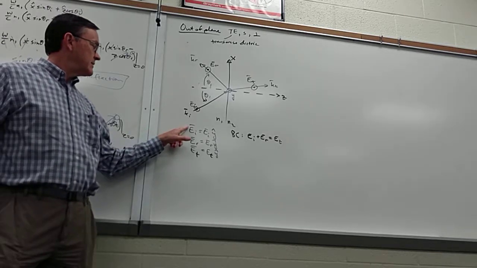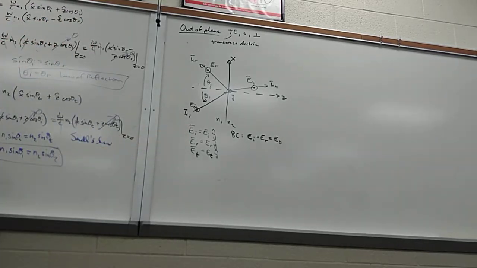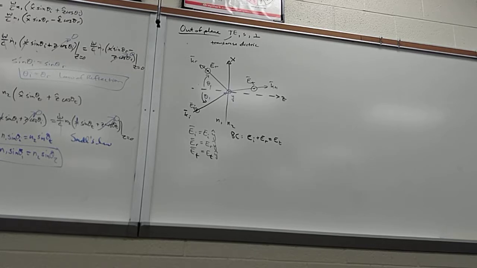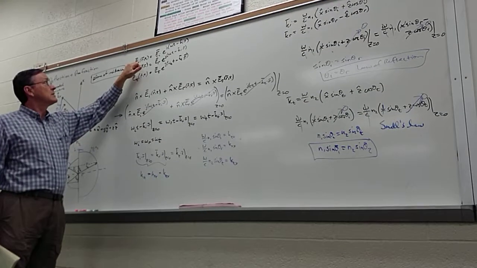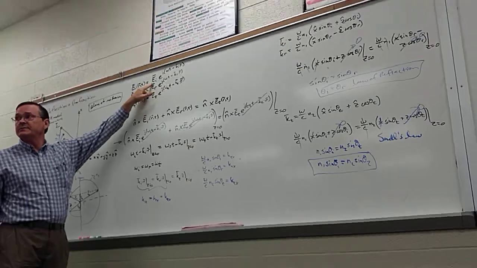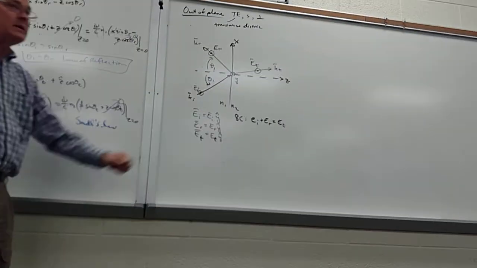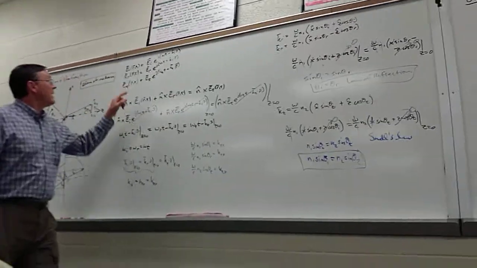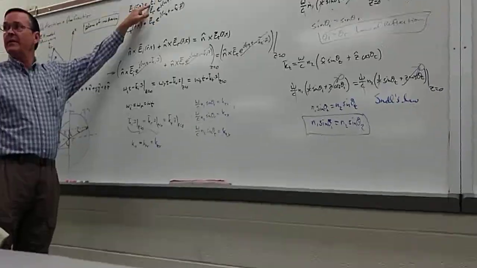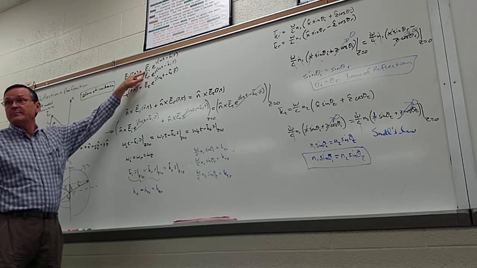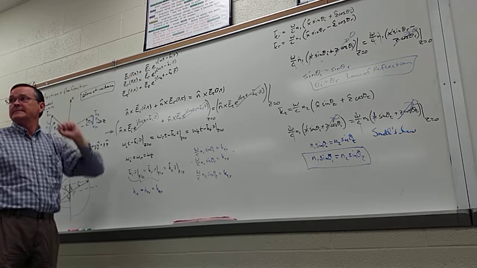So when I stick a vector there, I mean this right here, that constant complex vector in this complex representation of the electric field. When I have no vector on it, what I mean is the amplitude or magnitude of that thing, which is not the same thing. They're related, sure, but they're not the same thing. Okay.